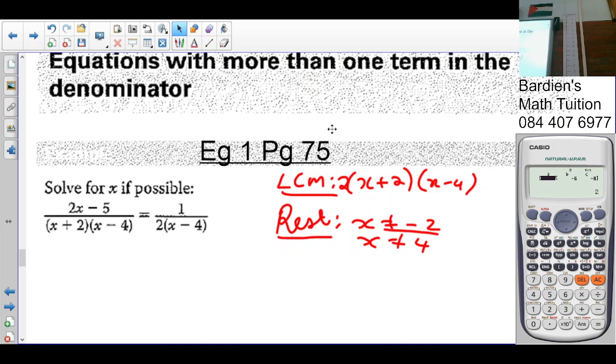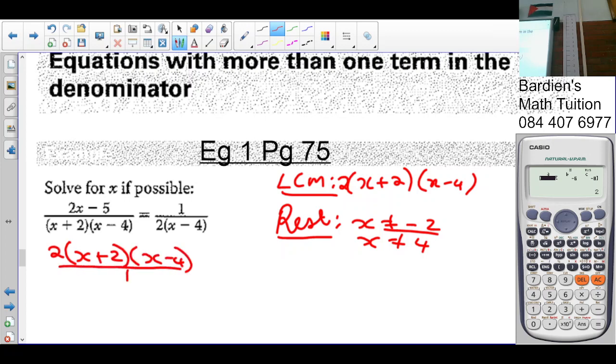What's the next step I told you to do? Multiply each fraction by the LCM. So the LCM, which is 2 into x plus 2, x minus 4 over 1, as you multiply by this fraction, which is 2x minus 5 over x plus 2, x minus 4.